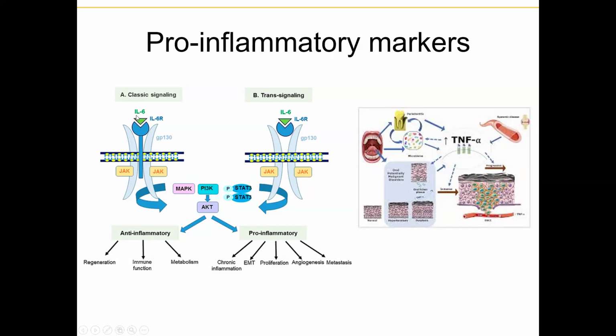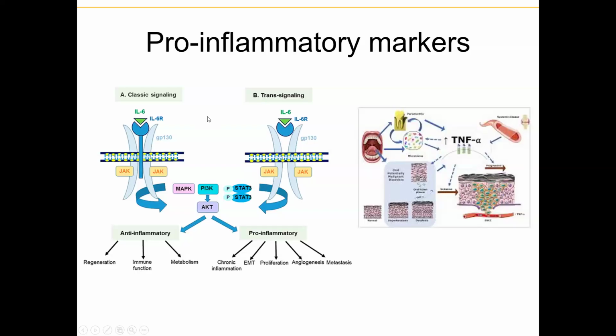IL-6 acts on the IL-6 receptor on cell surfaces, leading to angiogenesis, proliferation and likewise processes. This is a cell signaling pathway downwards within the cytosol. This is the membrane, this is the extracellular part. Similarly, TNF alpha also acts in the same manner upon different functions.